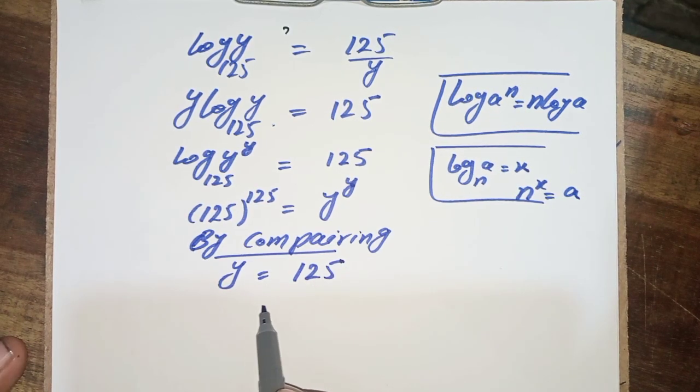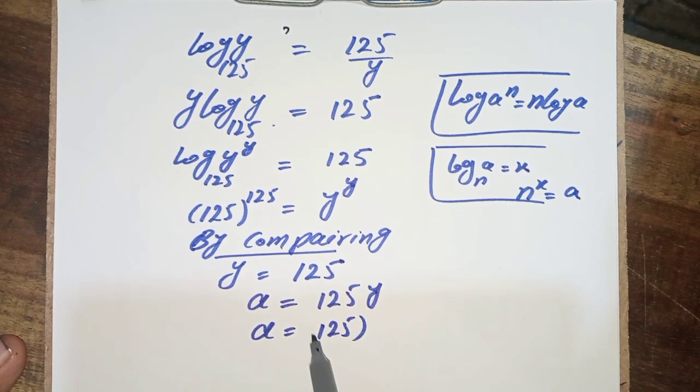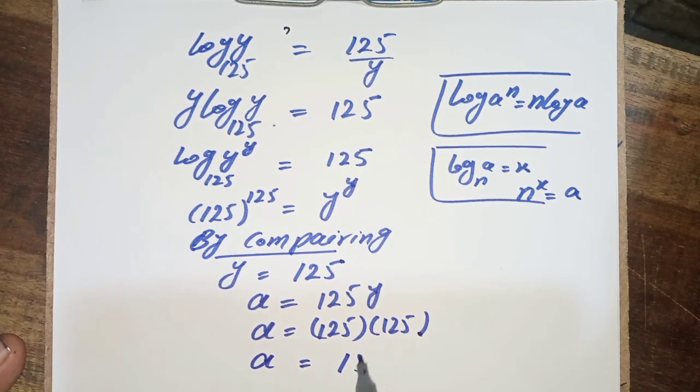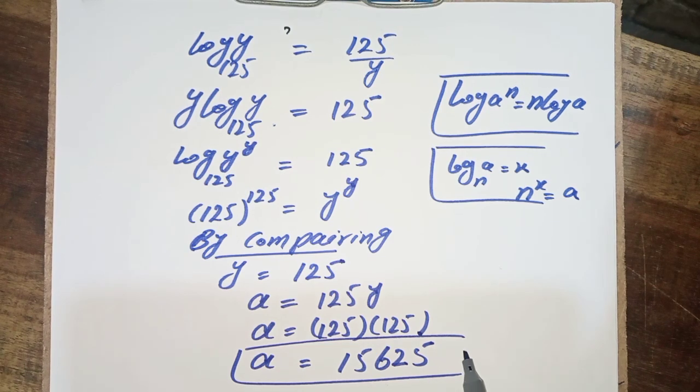Recall the first equation, a is equal to 125y. Put this value of y in here. The equation becomes 125 times 125. When we multiply both of these, this becomes 15,625. The value of a is 15,625. Now this is the value of a.